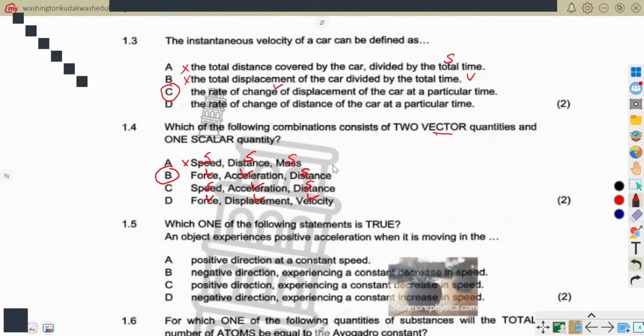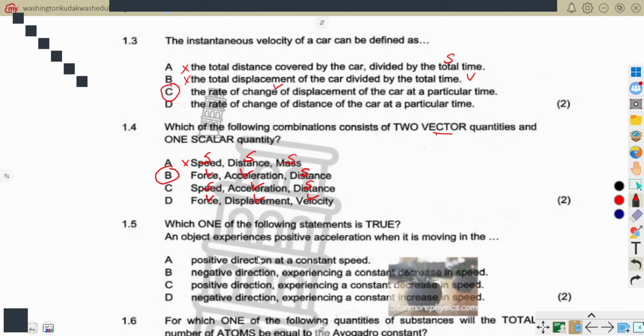Which one of the following statements is true? An object experiences positive acceleration when it is moving in the... so we need to choose an option that defines positive acceleration. So what is it that we know about positive acceleration?